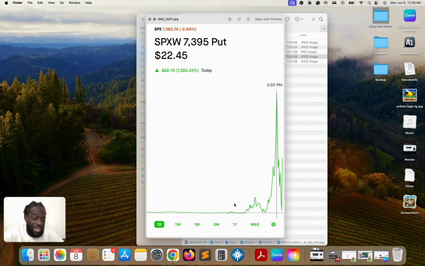It's hard to catch these moves. There are several things that you could do so that whenever you enter a trade, it's more likely to be profitable. But I didn't catch this one. I actually caught this one right about here when it made this dip, when the market was getting ready to close.